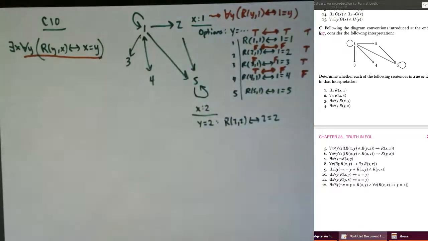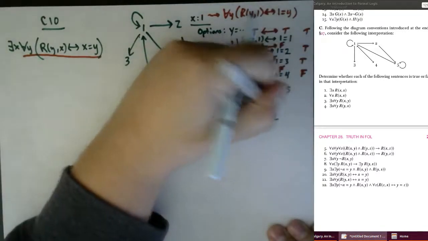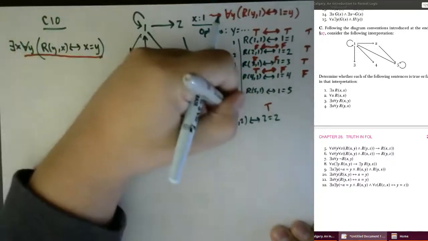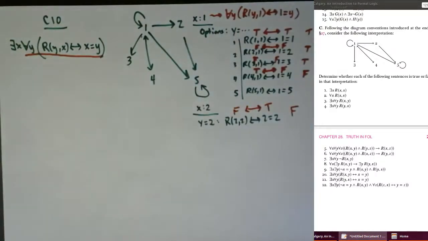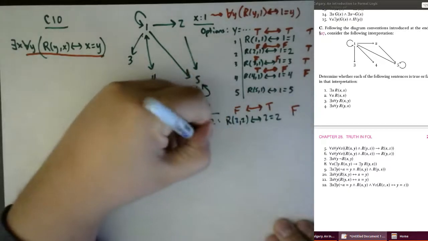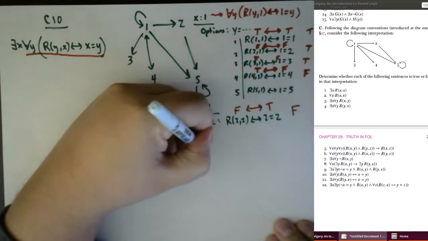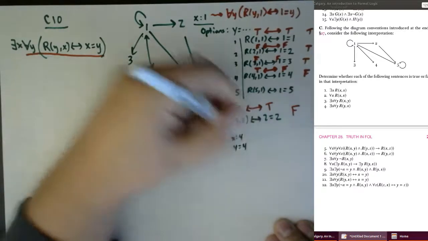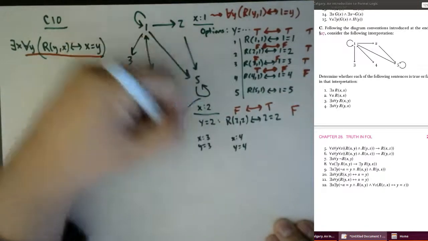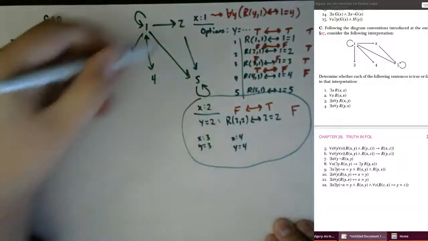Well, 2 equal 2 is true, but 2 does not self-loop. That's false. And right there is a false. Now, you get the same kind of argument if x were 3 and y were 3, and if x were 4 and y were 4.